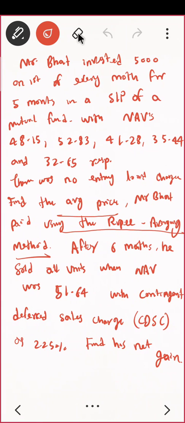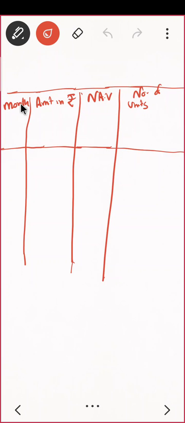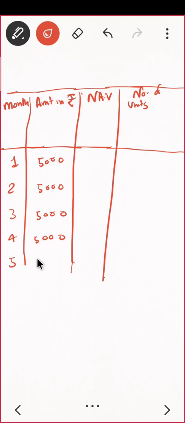So how many months are you paying and what is the amount? Read the question. Mr. Bhatt invested 5,000 rupees on the first of every month for 5 months. So the first month he is paying 5,000, second month 5,000, third month 5,000, fourth also 5,000, and fifth also 5,000. This is his investment.